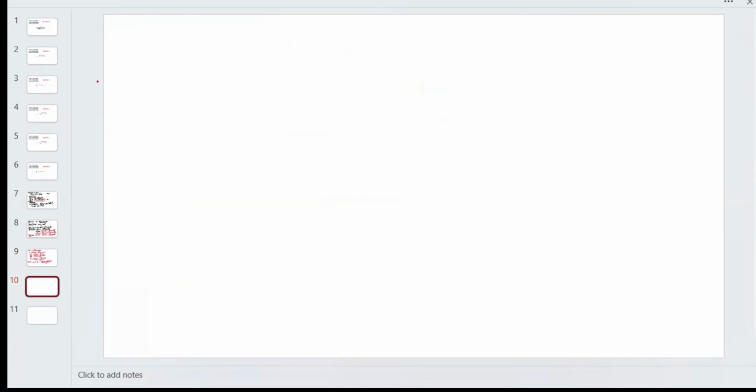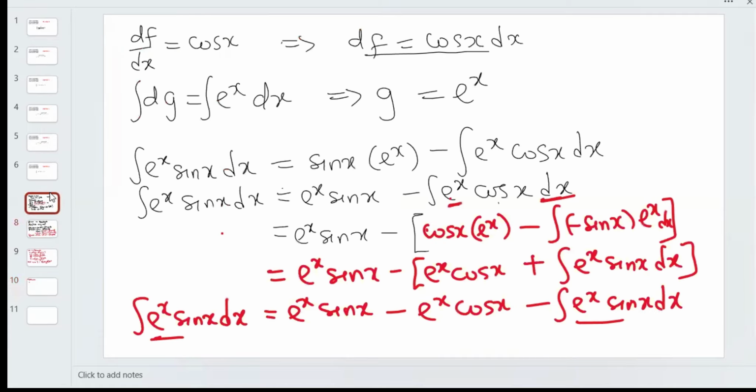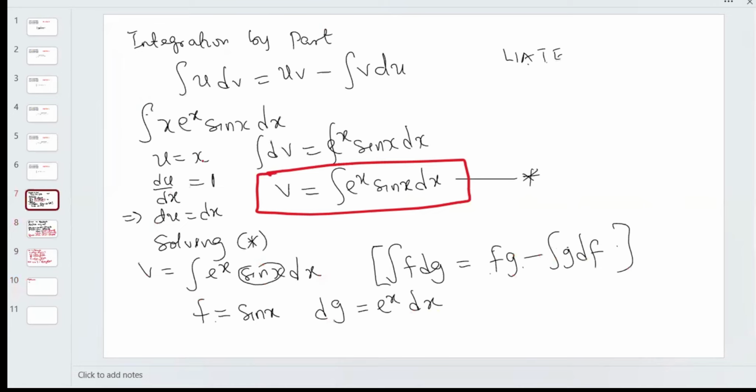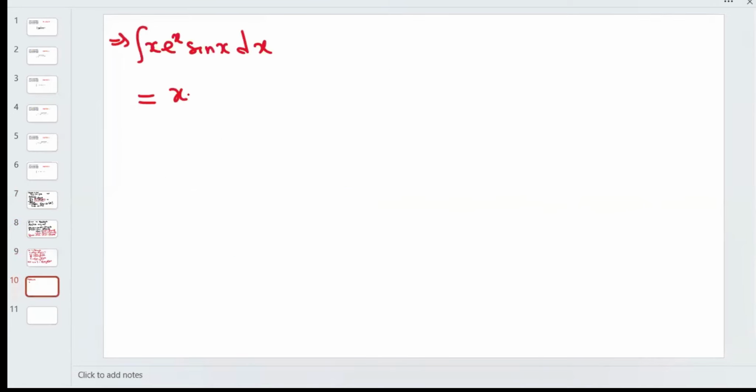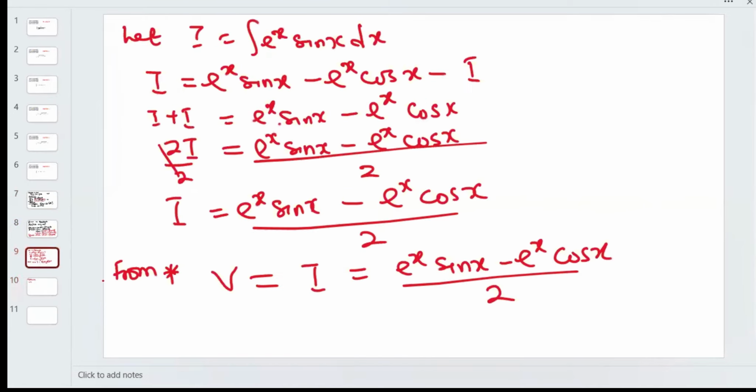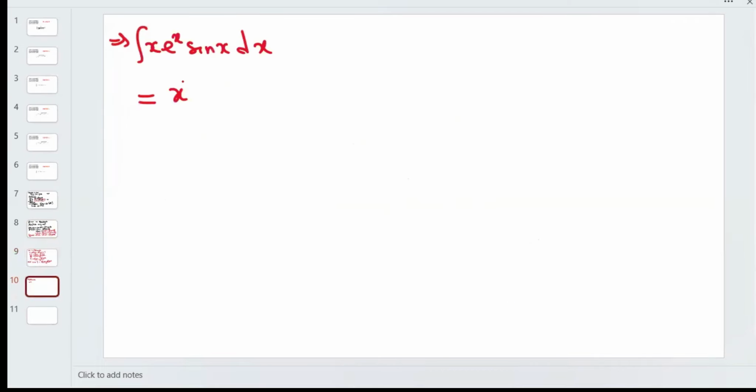So we can now say that, therefore, the integral of x exponential x sine x dx can now be equal to, in this case, u is x. So I'm going to say x, and then v is what we've got in here: exponential x sine x minus exponential x cos x over 2.